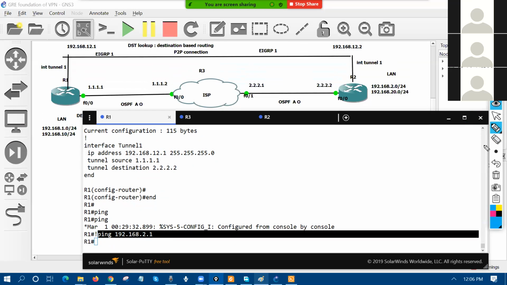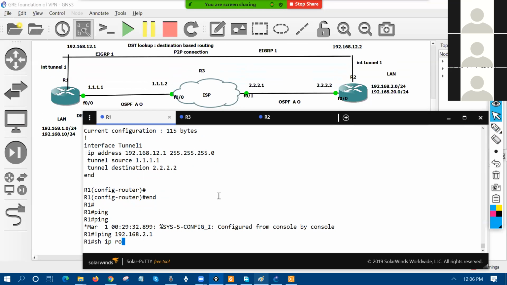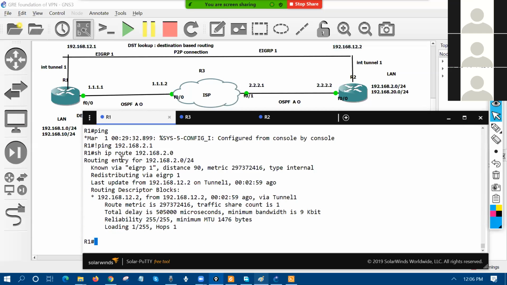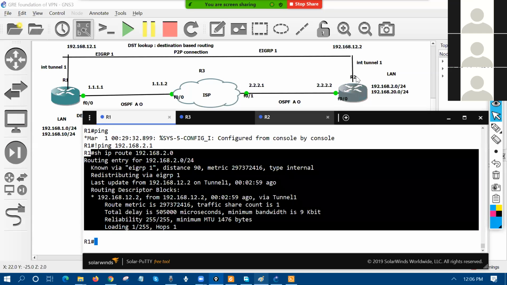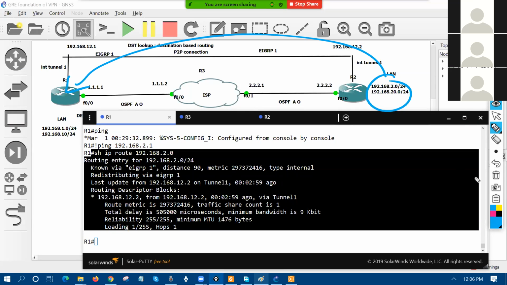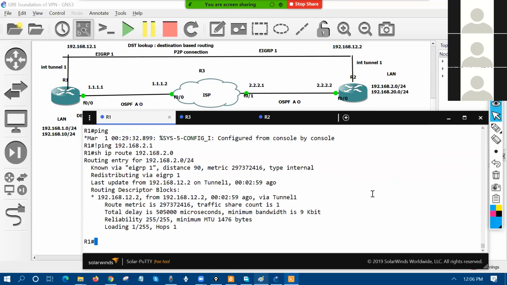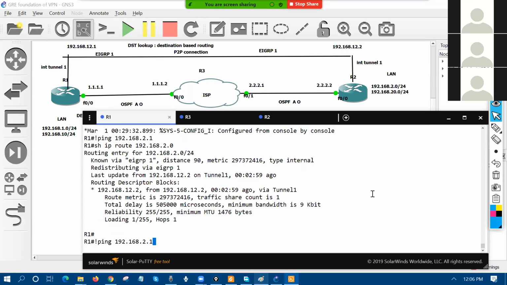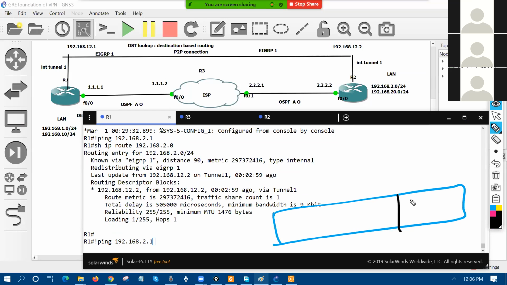On router 1, if you see show ip route, I have 2.0, because this is the LAN information that we are accessing through the tunnel. If I ping 2.1, what happens in this case? The destination will be 2.1.